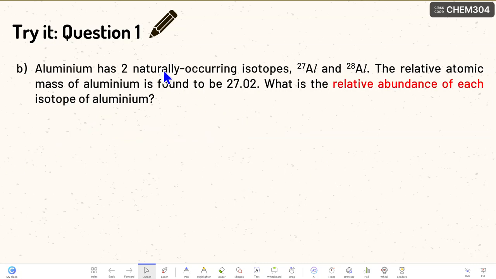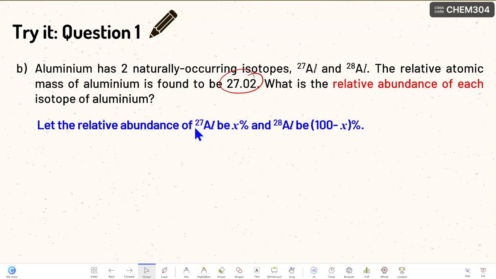All right, so silicon has two naturally occurring isotopes, 27 and 28, and the relative atomic mass is found to be this, so this is the average. Find the relative abundance of each of the isotopes. The total percentage of both must be 100. So very simple, you let the first one be x, the second one be 100 minus x, because the total must be 100%.